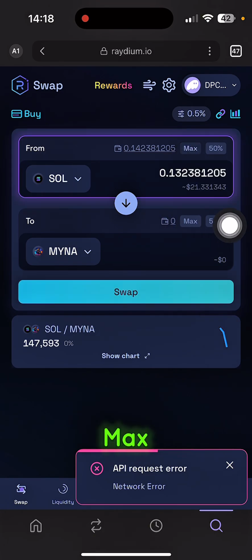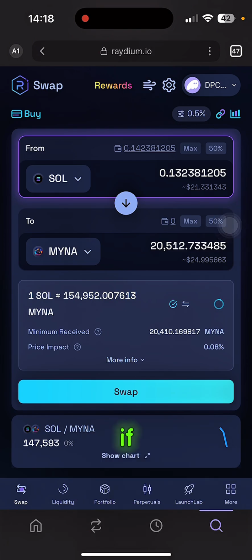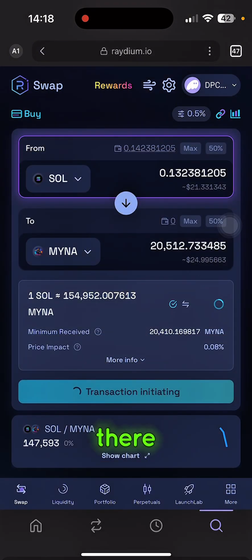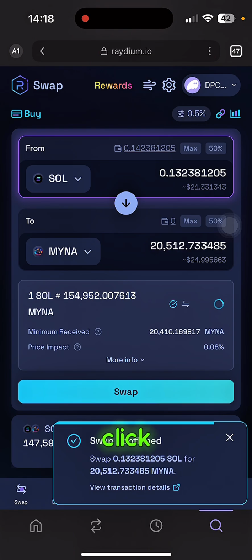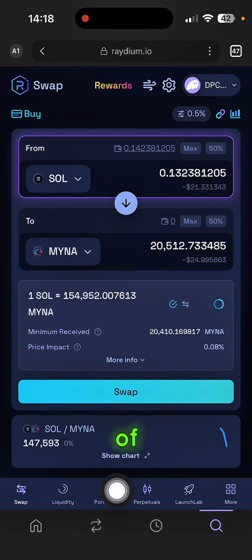Then I will use max. I will click on max. If you intend to use all of your money, you use max. If not, you put in 50% or any amount you intend to use. You type it right in there. And then I'll click on swap. This should go through within a twinkle of an eye. We should be able to get over 20,000 worth, like quantity worth of the coin.